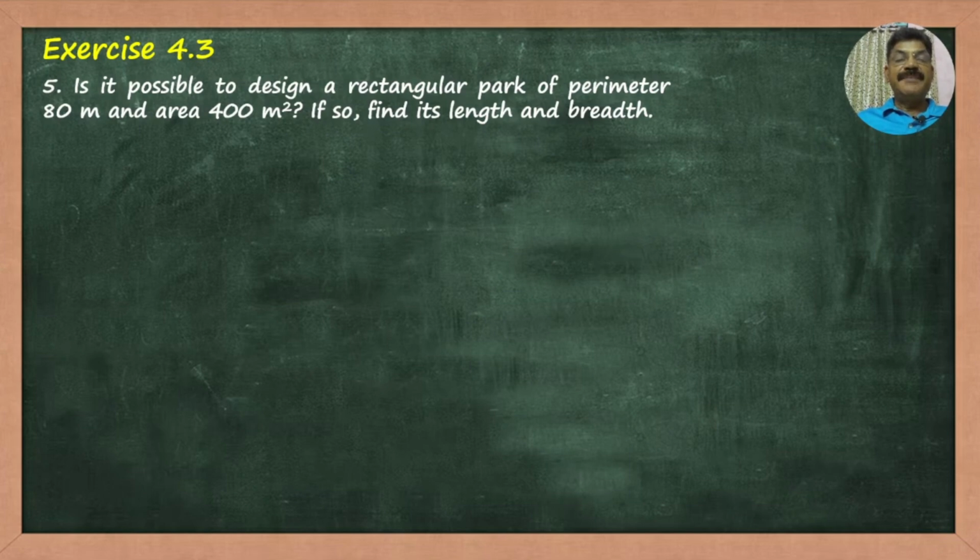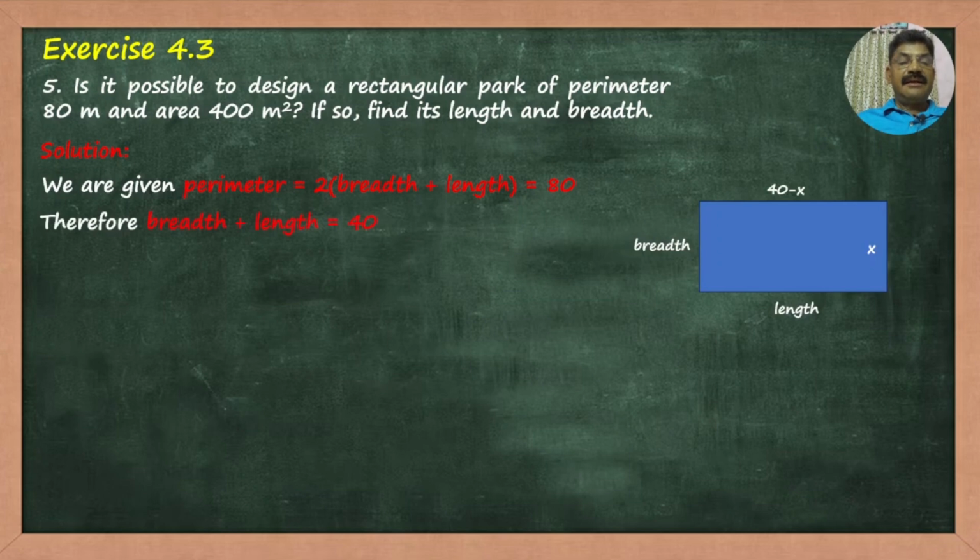That means the sum of all sides is called perimeter, which is equal to 80 meter. So breadth, length, again breadth, length. So we are given perimeter is equal to 2 times breadth plus length, which is equal to 80. Therefore, breadth plus length is equal to 40 meter.